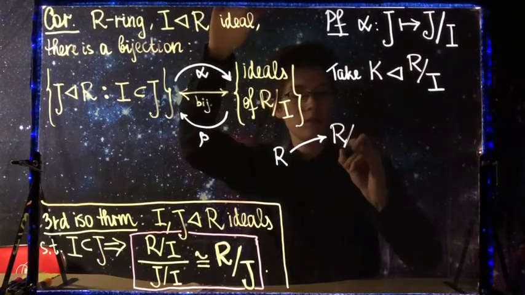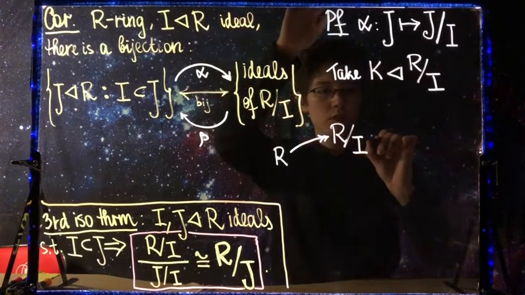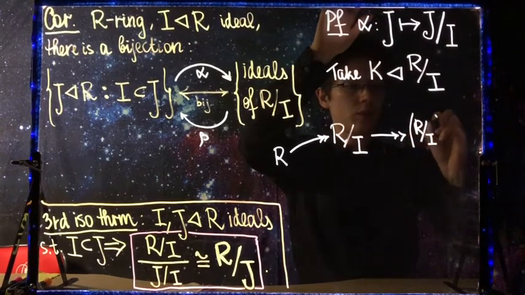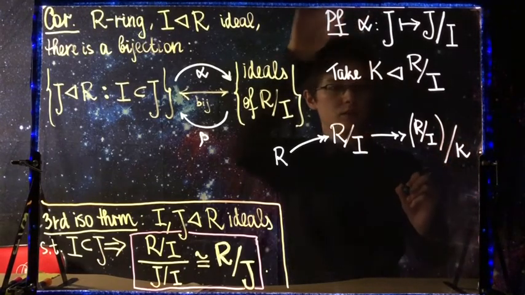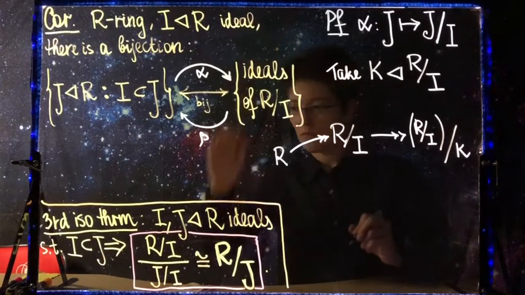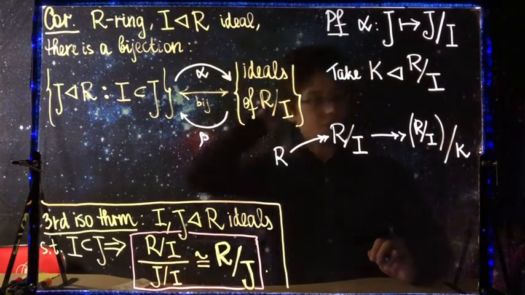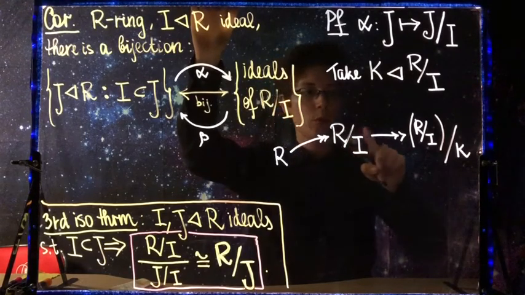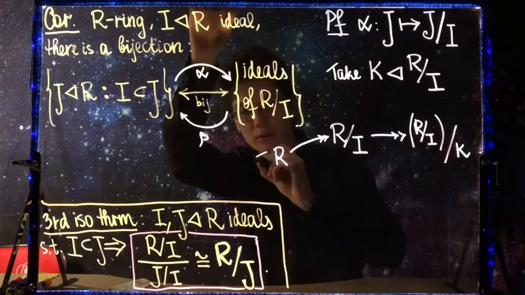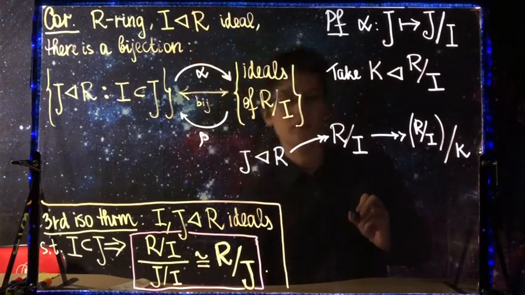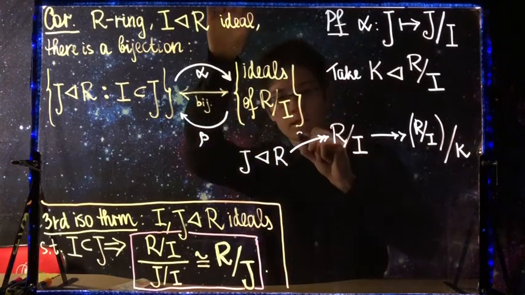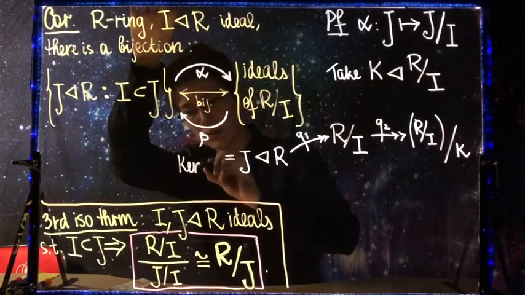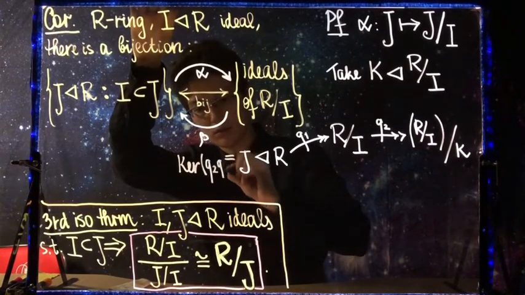R maps to R mod I, and this further surjects onto R mod I mod K. And the kernel of this composite map, let us denote this kernel by J. If this is Q1 and Q2, then J is the kernel of Q2 Q1.